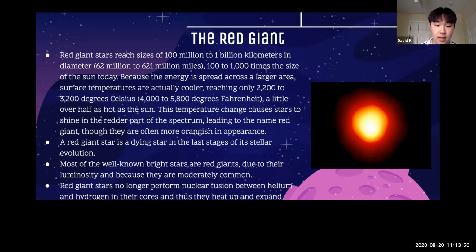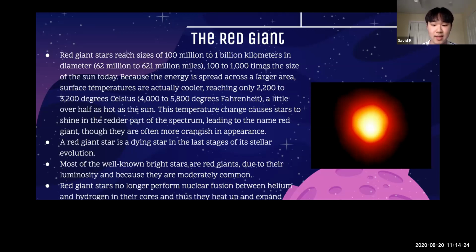Since the energy is spread across a larger area, the surface is actually cooler, reaching only 2,200 to 3,200 degrees Celsius, which is a little hotter than the sun. This temperature causes stars to shine in the redder part of the spectrum, which is why we call it the red giant, and why in the picture it looks red.